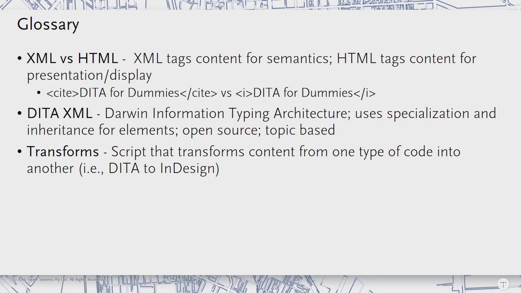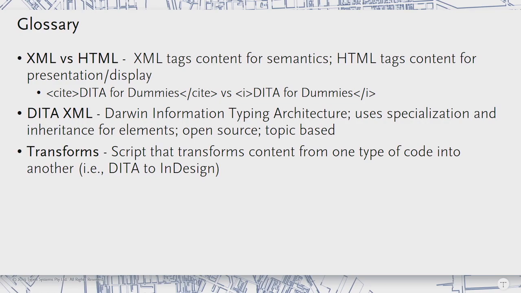So in my example here, I have cite, DITA for dummies, versus just italic DITA for dummies. Well, obviously with the XML, with the cite, I know that that's a citation, so I can do something with that later. Whereas with the italic, I have no idea what that content is, and it's always going to look italic on the output.